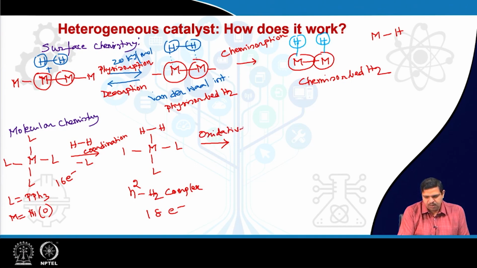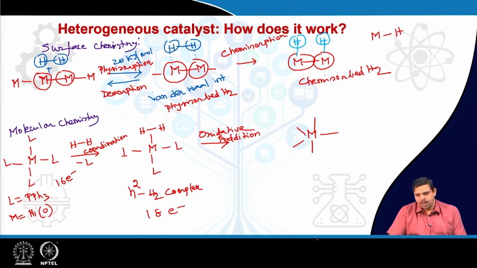We are all familiar with what oxidative addition is. So here what will happen, the geometry I am again writing very hypothetically, it may be square planar, it may be trigonal bipyramidal, depending on the ligand and depending on the metal center.